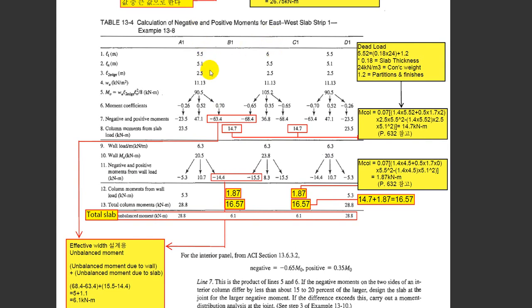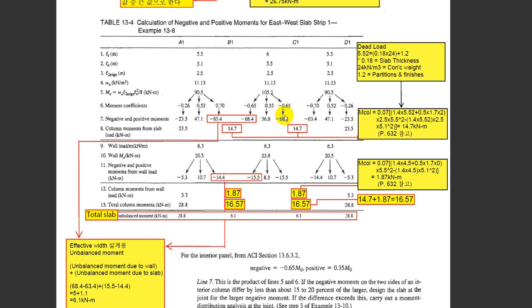So as long as they are different, we have two different negative moments, which are minus 63.4 and minus 68.4. And this is the big moment in the negative region. So we'll take this to design the slabs. And same here, this one. Easy.